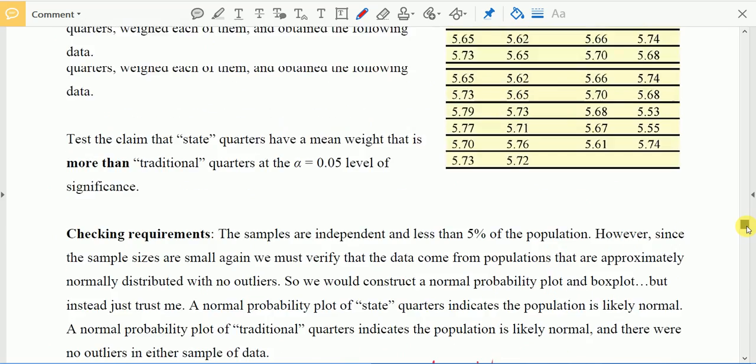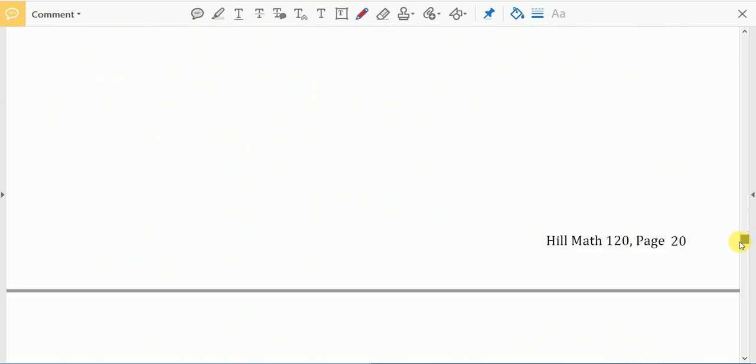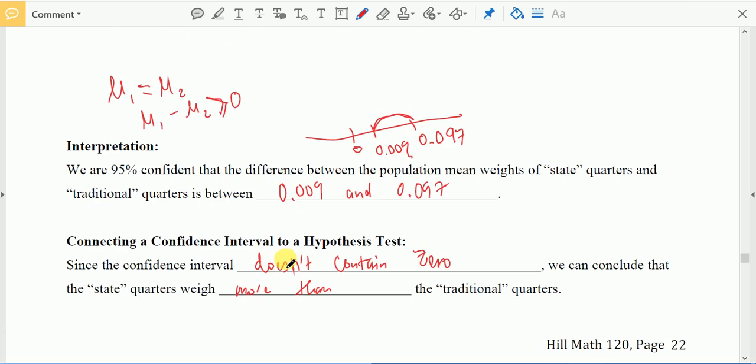Meaning that when you take the difference between them, you should have a value bigger than 0. In fact, the confidence interval here has all values bigger than 0, and it does not include a 0. So once again it's confirmed that the state quarter weighs more than the traditional quarter.